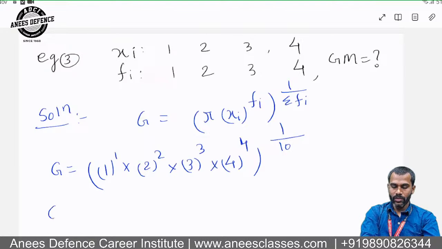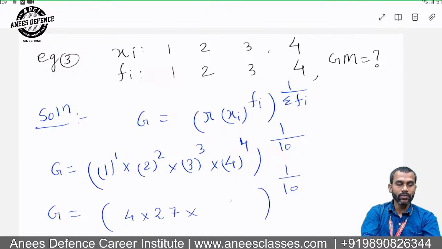So G would be equal to whole power 1 by 10 of 1 into 2 squared, which is 4, into 27, into 4 raised to 4, which is 256.